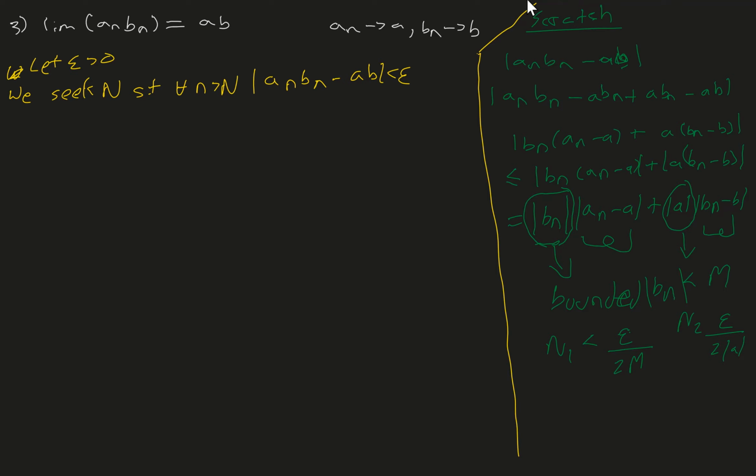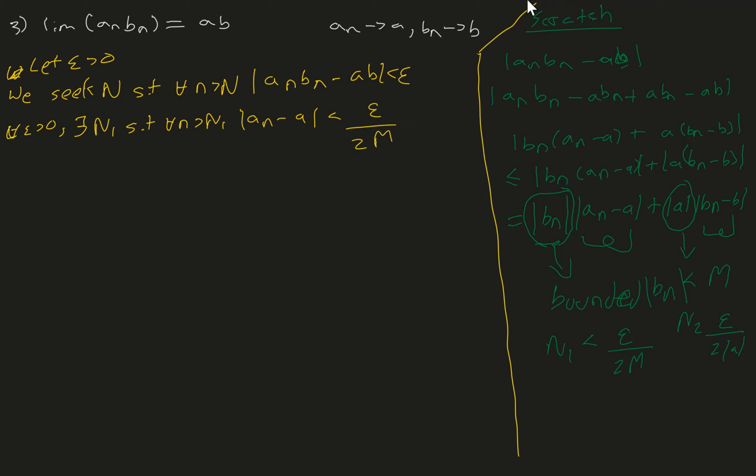Let's go and write this out more formally. For all epsilon greater than 0, there exists an N1 such that for all n greater than N1, |a_n - a| is less than epsilon over 2M.